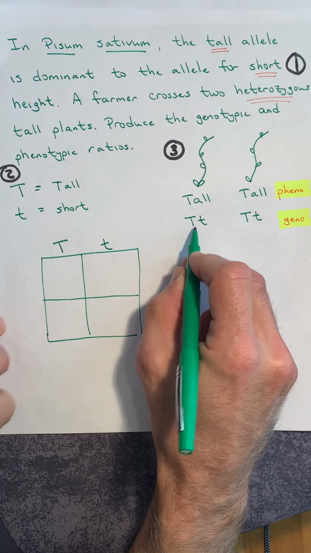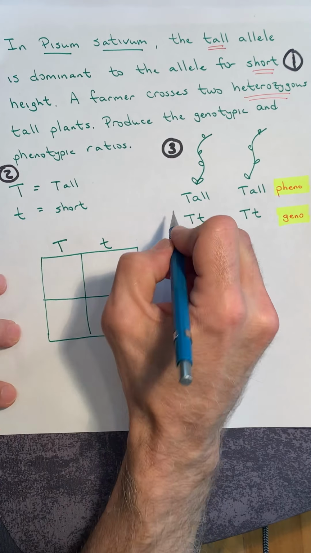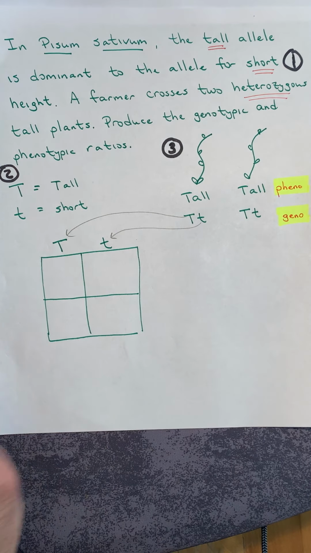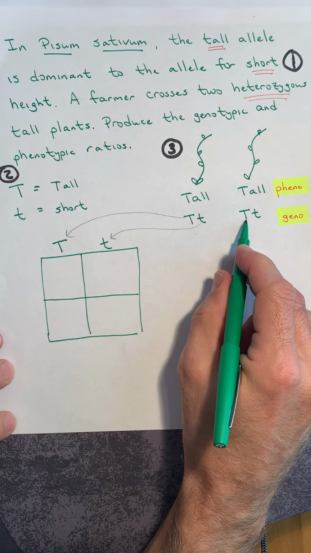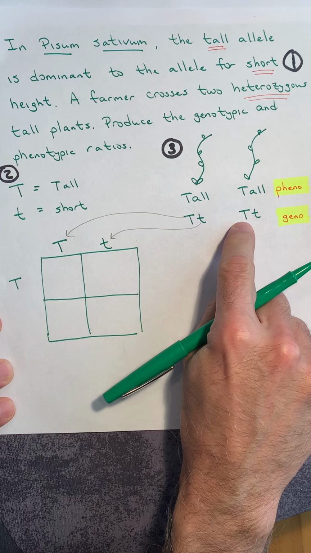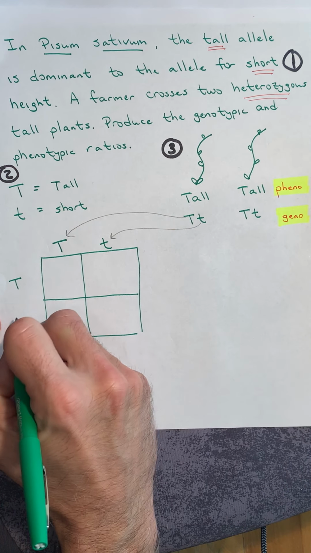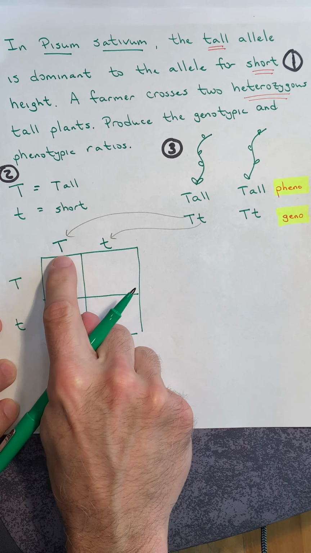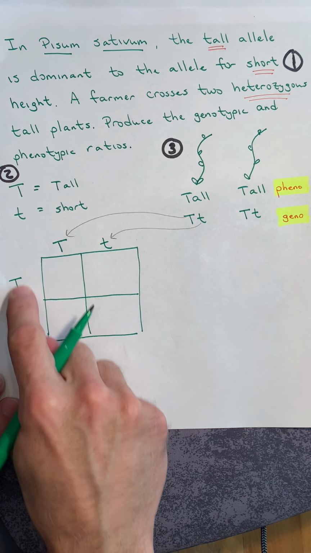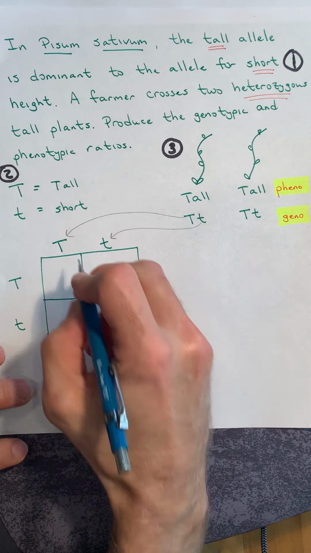So this parent contributes this allele here and this allele here. And then this parent does the same thing. This parent offers the dominant tall, and then this parent offers the recessive short. So this is what one biological parent offers, and this is what the other biological parent offers.